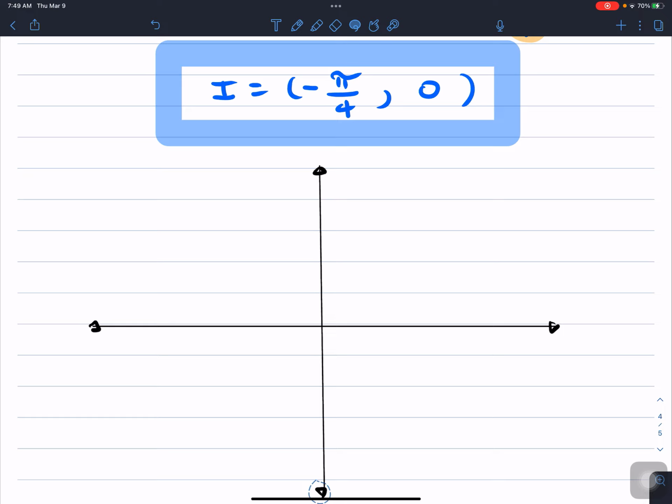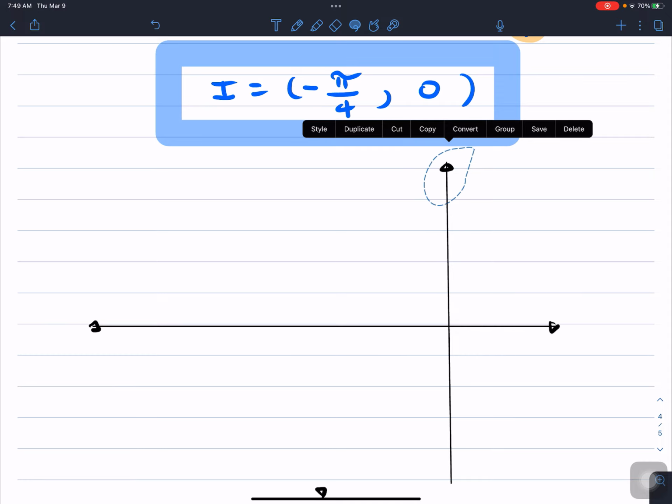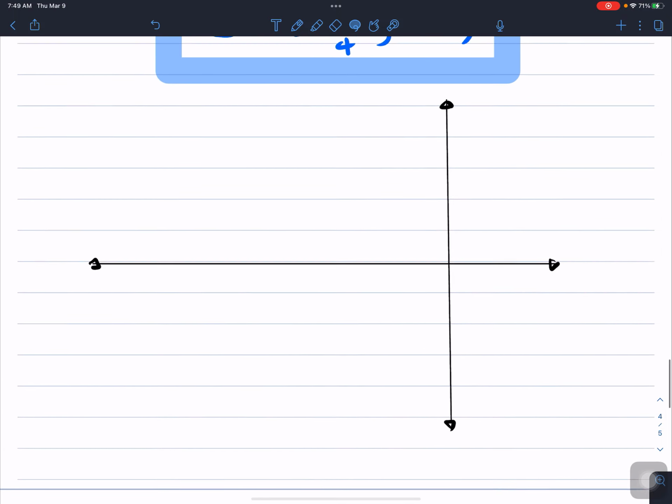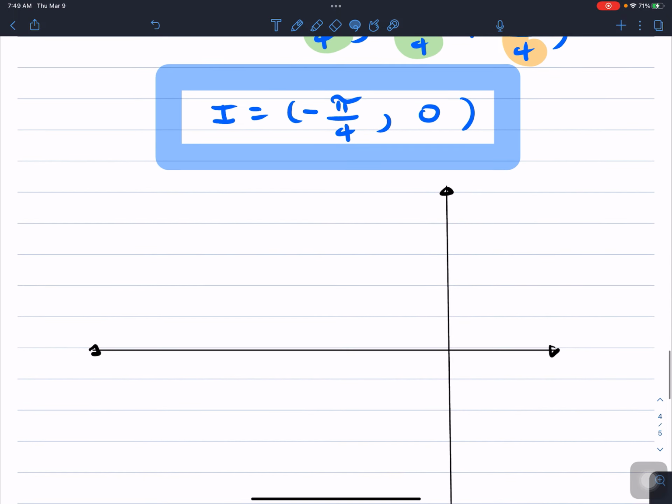Okay. Now, you might say, but Mr. Judge, why did you draw the y-axis there? Well, I'm going to move it all the way over here. How's that? So my interval of one cycle goes from negative pi over 4 up to 0. So I'll put negative pi over 4 over here. I put 0 over here.